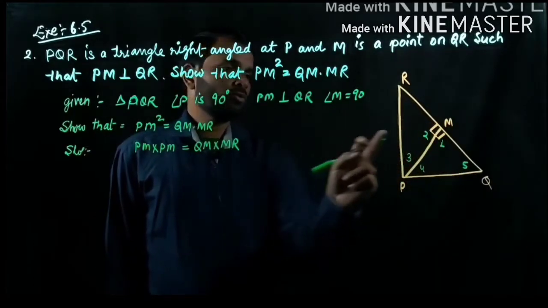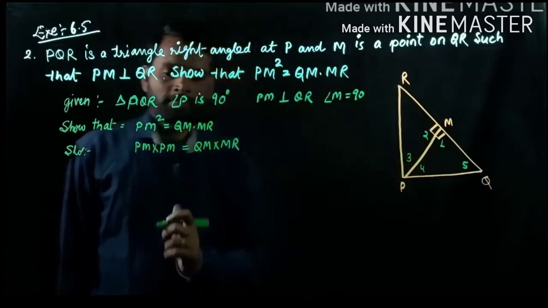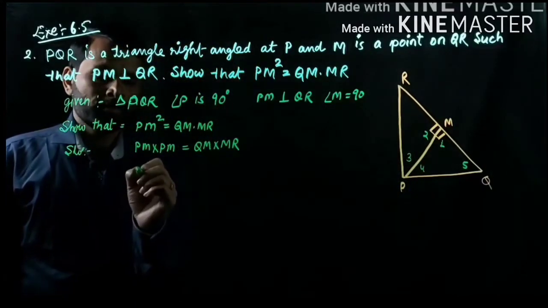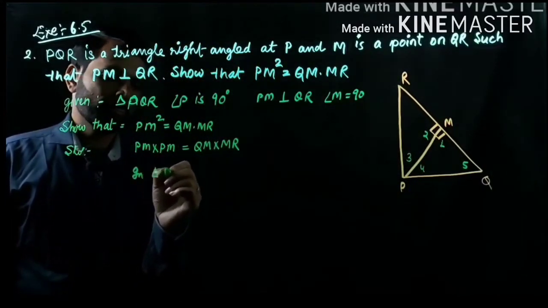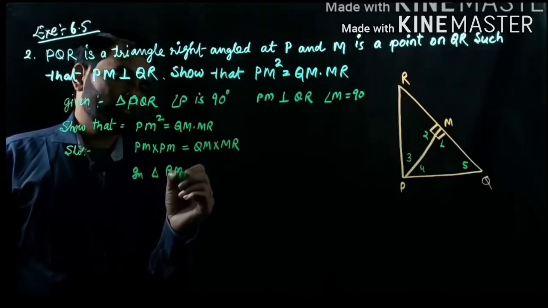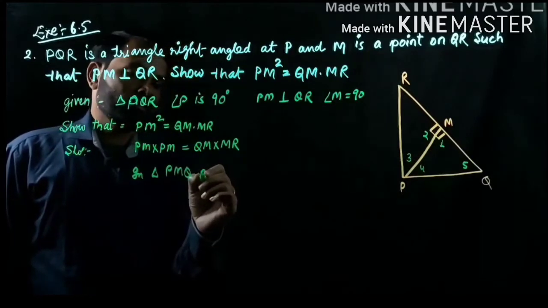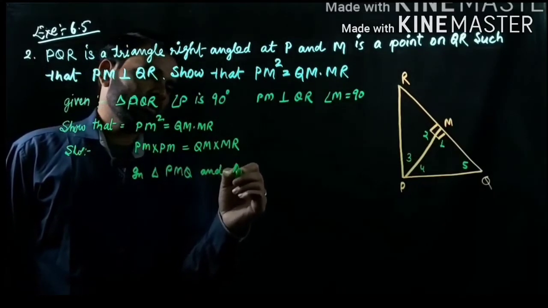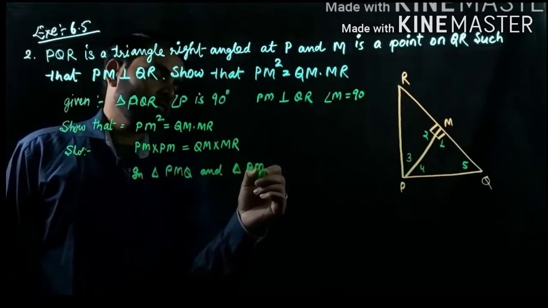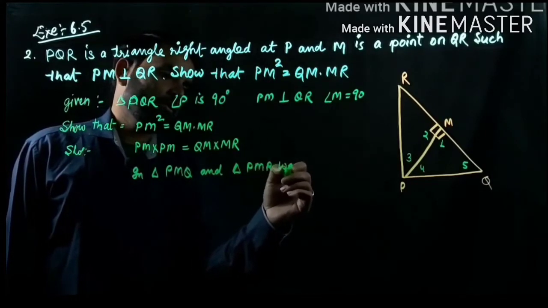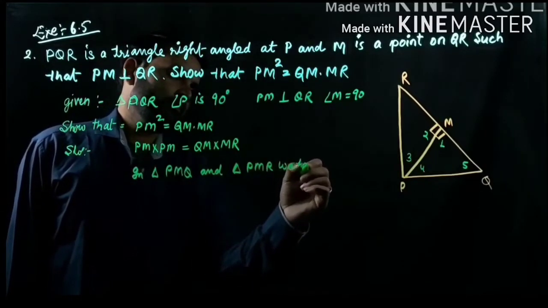It means two triangles are similar. We write that in triangle PMQ and triangle PMR.